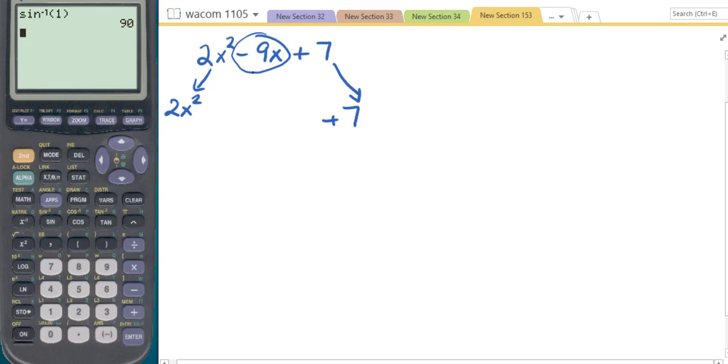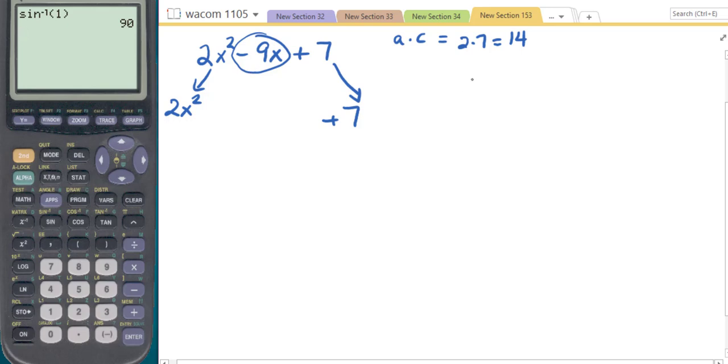But we have to choose how to make this middle term. You're going to do 2 conditions. You're going to multiply your a times c. A times c, 2 times 7, is 14. So they're going to multiply to give 14, and they're going to combine to give your middle number. So we want things that multiply to give 14 and combine to give a 9.